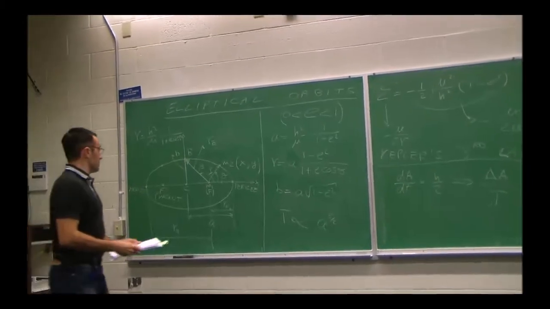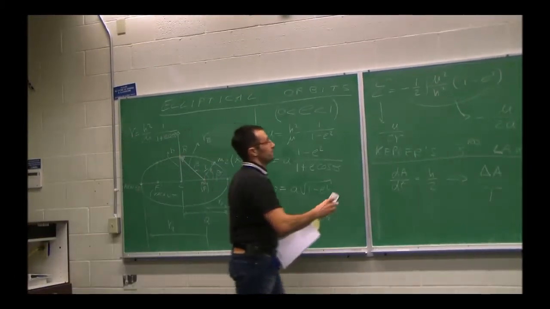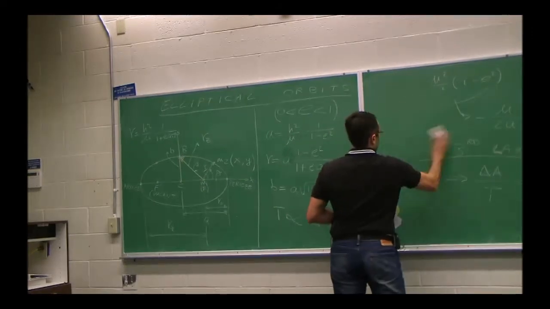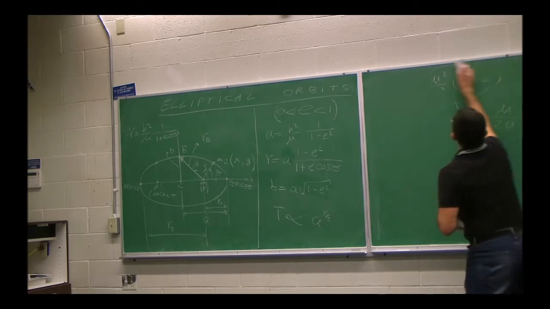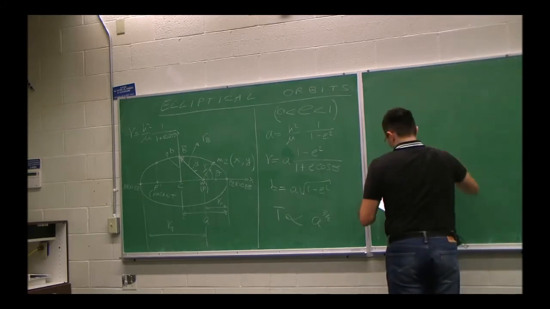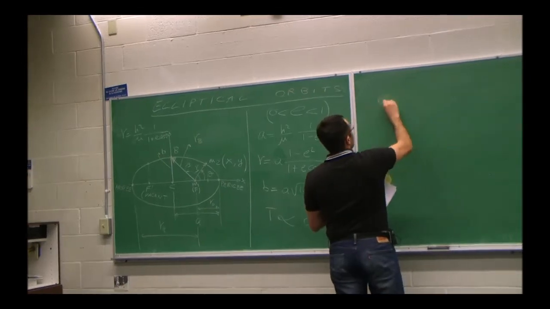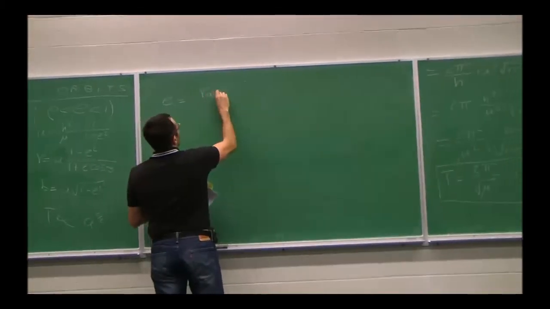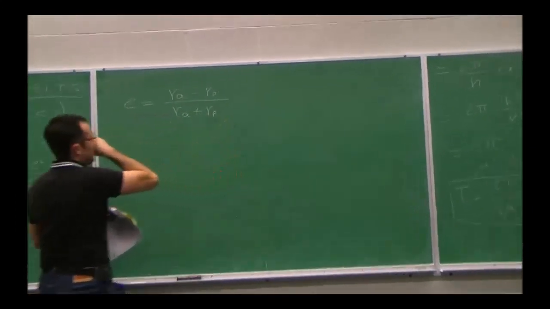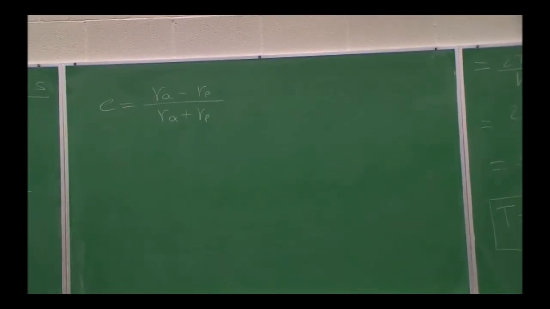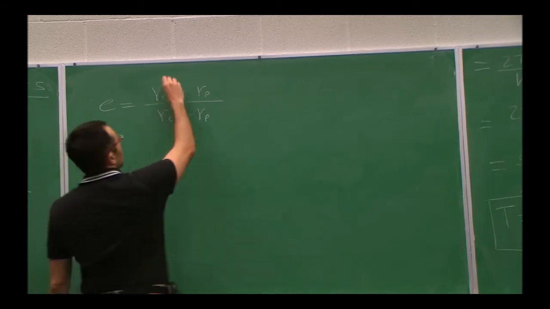And a few more pieces of information that you may find useful are that you can prove this to yourself, it's not a big deal. RA minus RP over RA plus RP, so another way to compute the eccentricity is this, the norm of the eccentricity at least. RA minus RP is what? Is this distance minus this distance, so it's the distance between the two focuses, F and F prime. That's what you have up here, right?